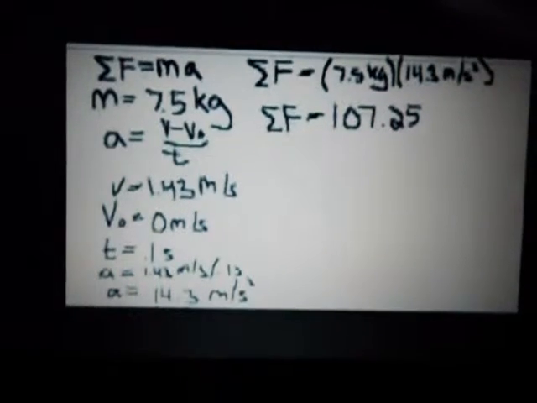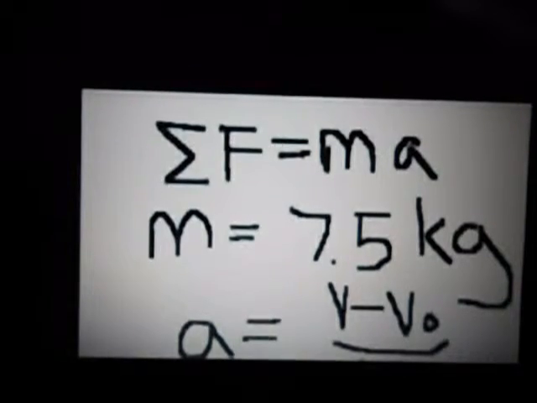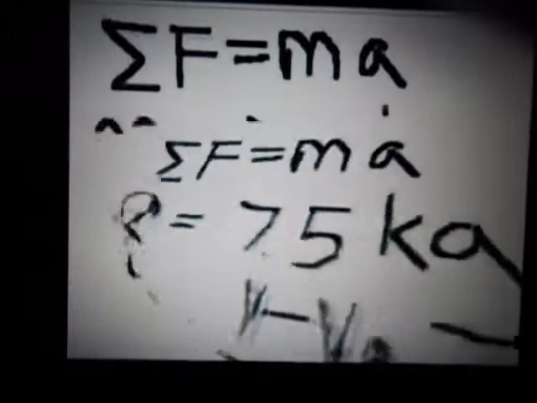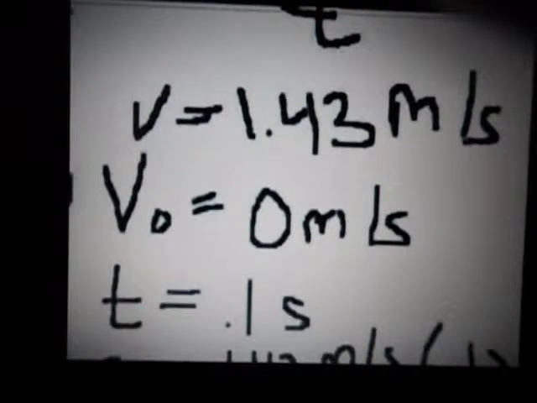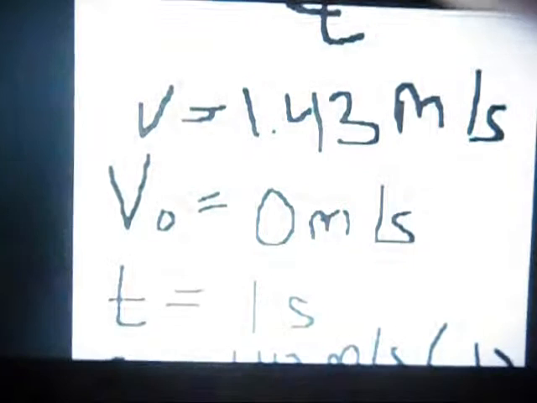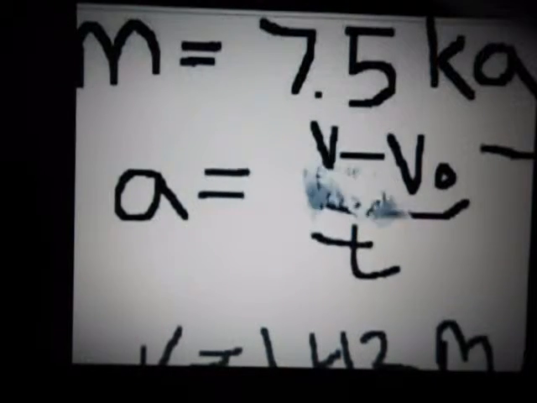We can use our knowledge of forces to determine the force exerted on Kitty by Catherine which made her fall. To solve for the force exerted on an object, you use sigma F equals mass times acceleration. Kitty's mass is 7.5 kilograms, and we have to solve for the acceleration. She was initially at rest and accelerated to a velocity of 1.43 meters per second in 0.1 seconds.